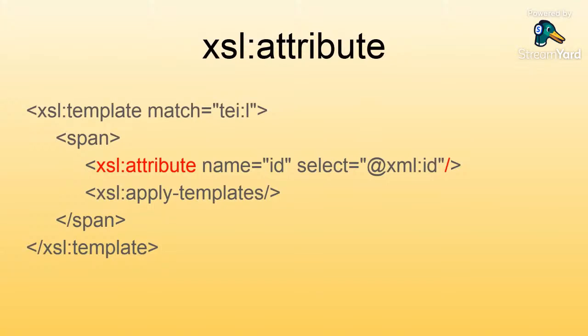We might also use the attribute command to attach attributes to the span element, rather than trying to print those attributes in the span element that you see there, as if we were writing HTML directly in the style sheet. Again, you can do the former, but this gives you slightly more control over it, especially if you want to have slightly more advanced things such as decisions and loops inside that attribute value.